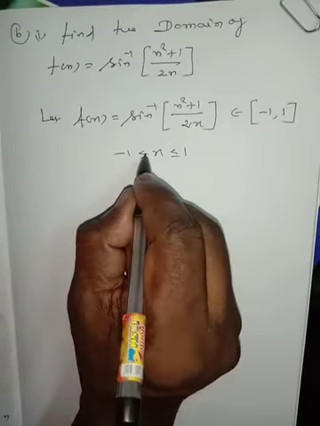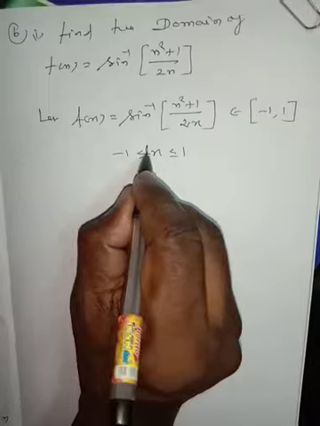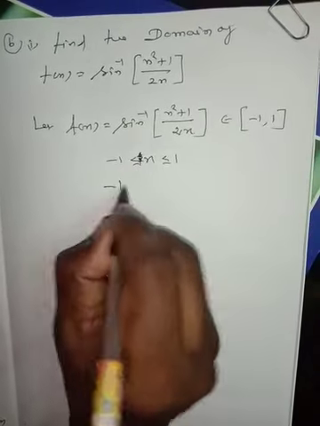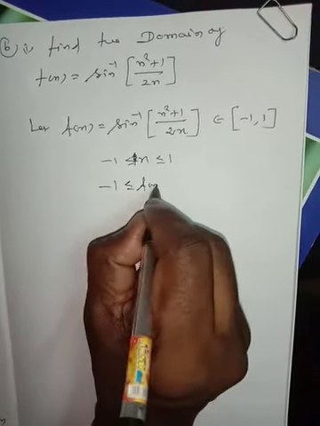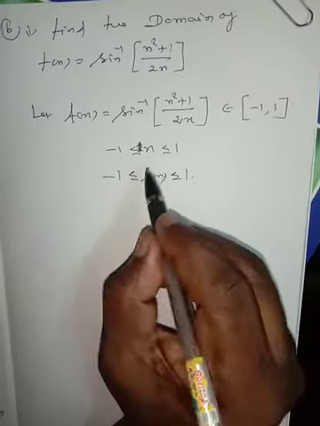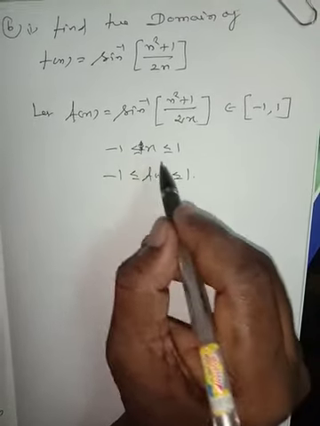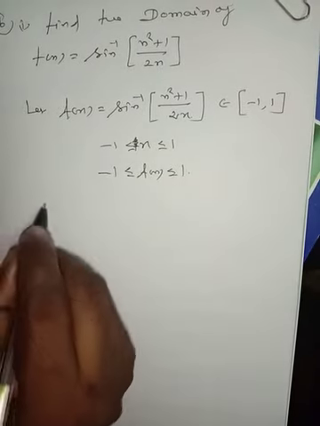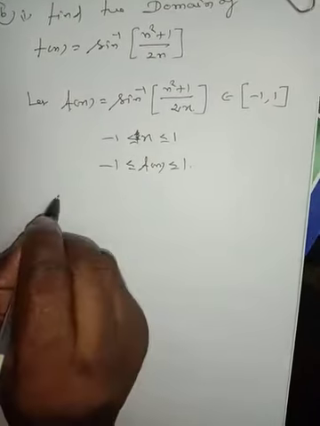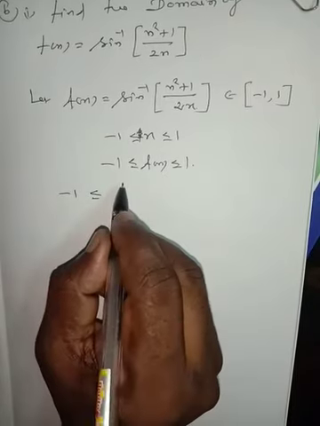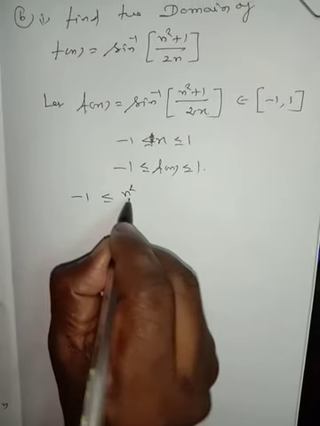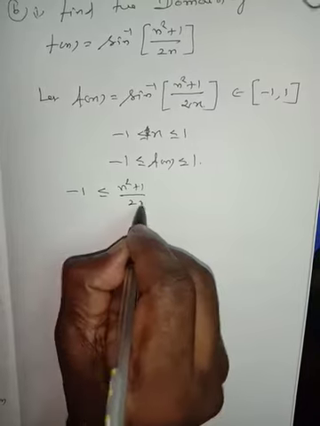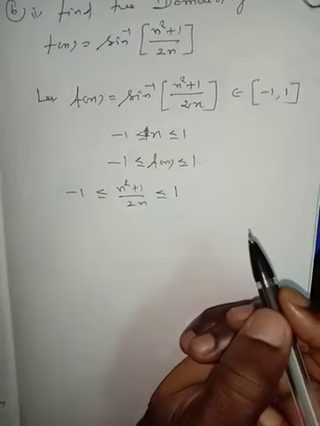Therefore minus 1 less than or equal to f of x less than or equal to 1. X is a number, f of x is a functional number. Now this can be written as minus 1 less than or equal to x square plus 1 divided by 2x less than or equal to positive 1.